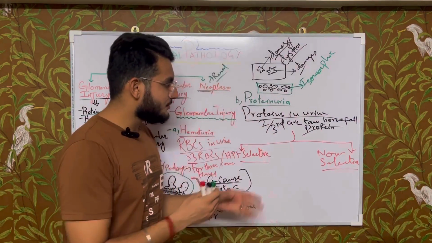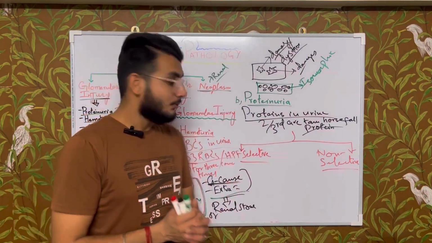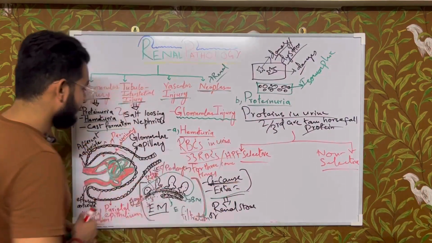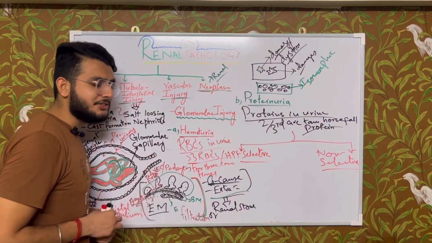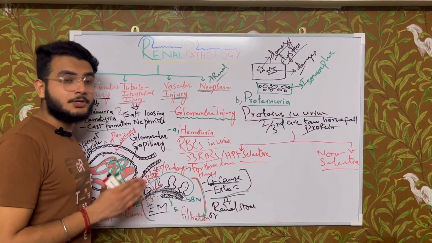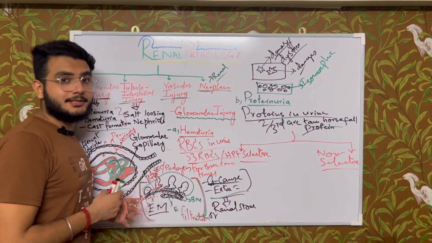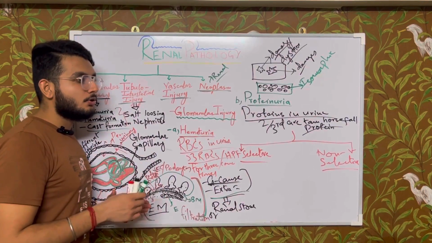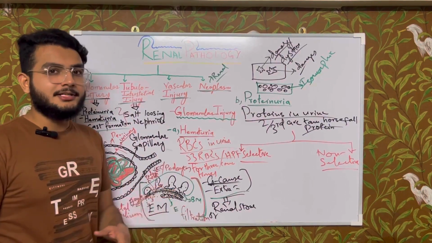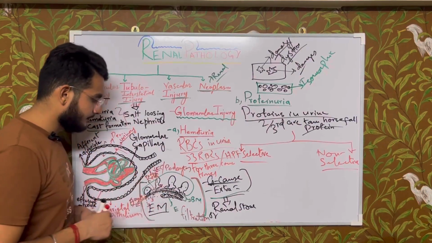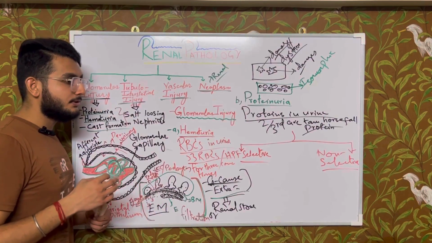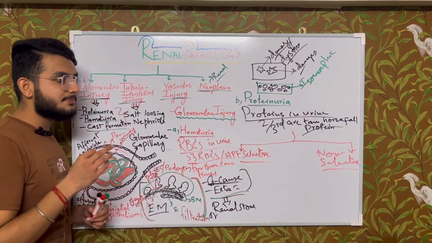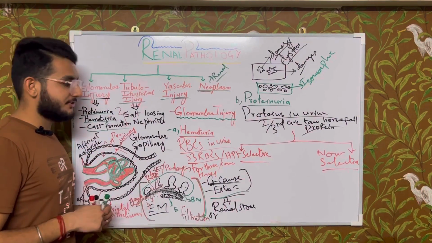Before understanding these two types of proteinuria, we come back to the basics. We know that the function of glomeruli is to filter the blood, or specifically ultrafiltration. This ultrafiltration of the blood mainly depends upon two factors.